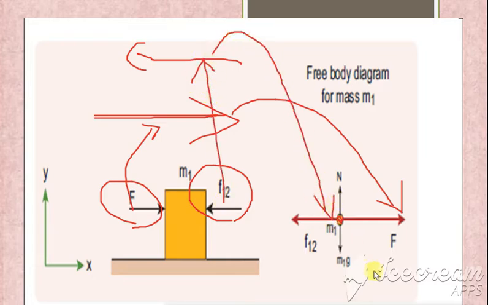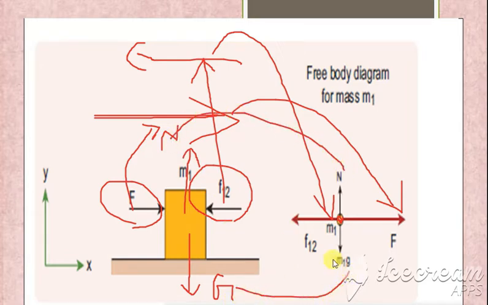What are the other forces acting on the object? Generally, whenever you consider any object, it has two forces. One is the normal force and the next one is the gravitational force. The normal force I am writing as N, and the gravitational force is written as m1 into g.